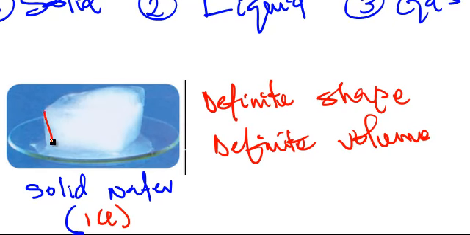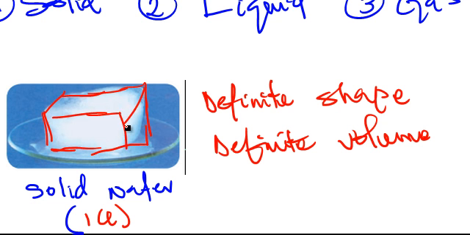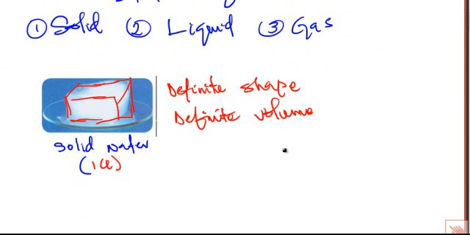We can easily see that it looks maybe like a rectangle. So this is the shape of the ice, telling us that it actually has a shape. So definite shape, definite volume.